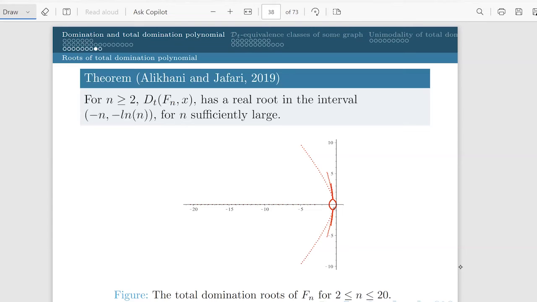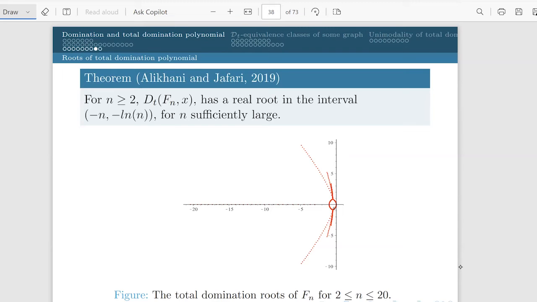To attack this conjecture, we have this theorem that says that the total domination polynomial of the friendship graph F_n has a real root, as you see in the figure, in this interval, minus n and minus natural logarithm ln n, for n sufficiently large.